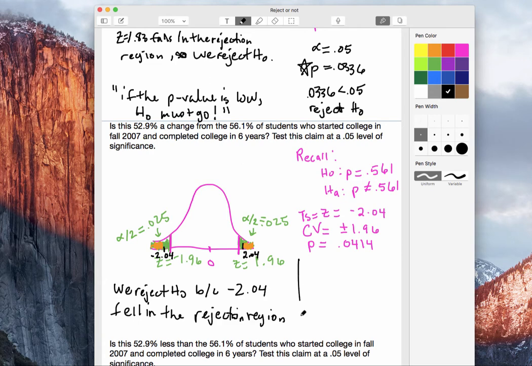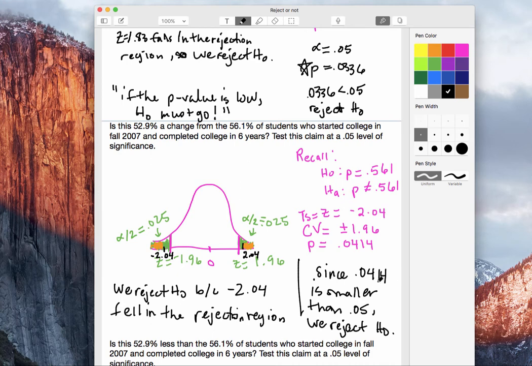And then similarly, since 0.0414 is smaller than 0.05, that significance level, we reject H naught. We get the exact same conclusion. We've just looked at it two different ways.